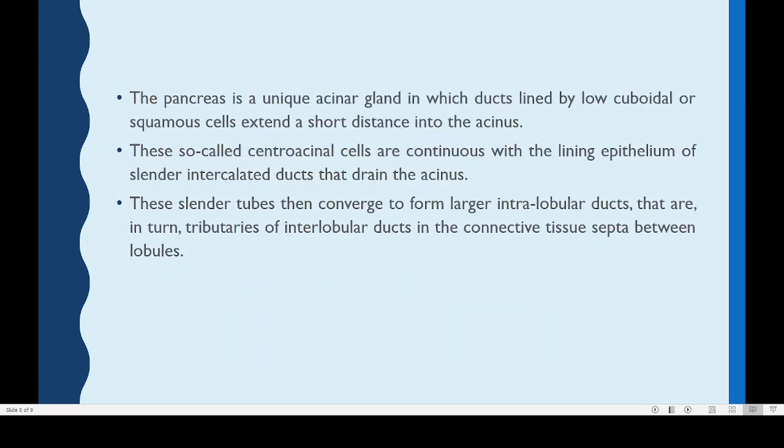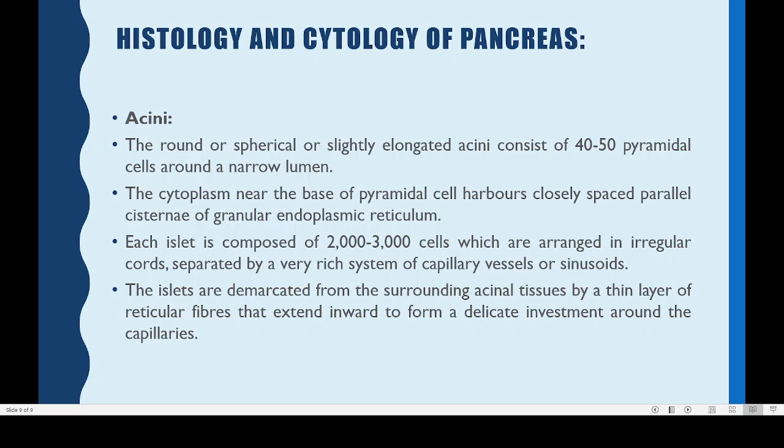Here you can see around 40 to 50 pyramidal cells are present, and at the center there is a narrow cavity. Cytoplasm near the base of the pyramidal cell, closely spaced, contains granular endoplasmic reticulum. You might have studied about endoplasmic reticulum, which contains more granules in the case of the pancreas. So that is a peculiarity of the endoplasmic reticulum here.